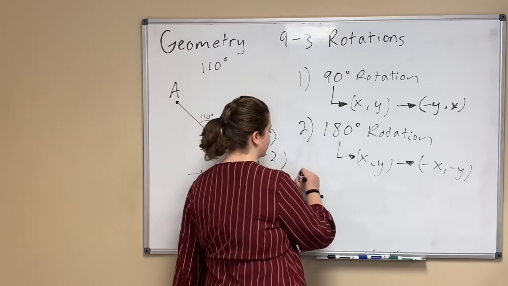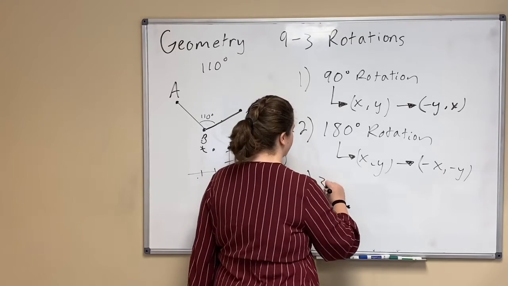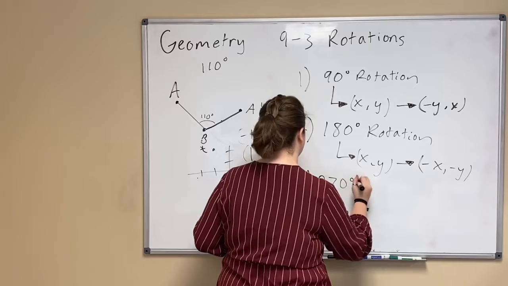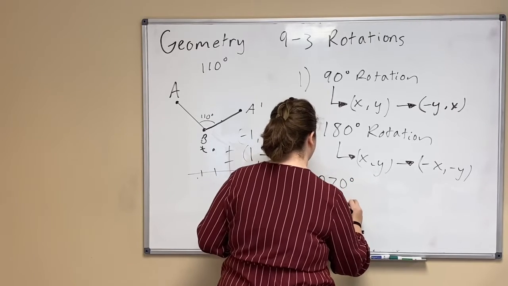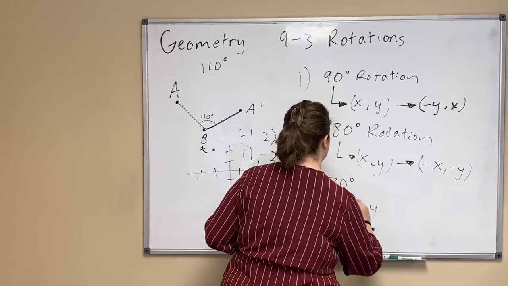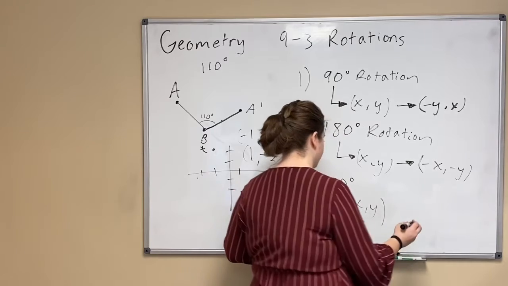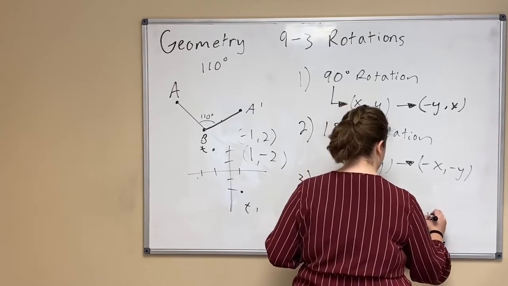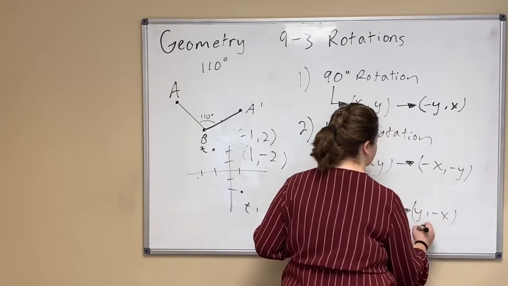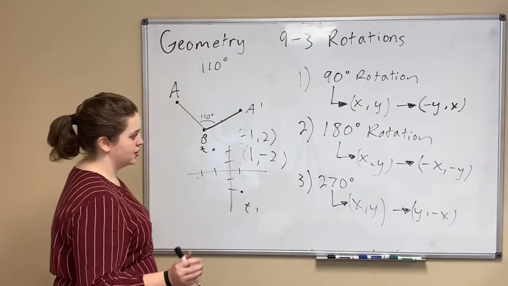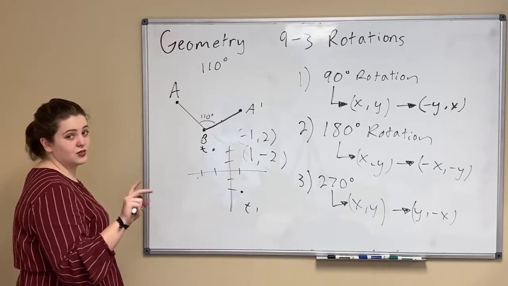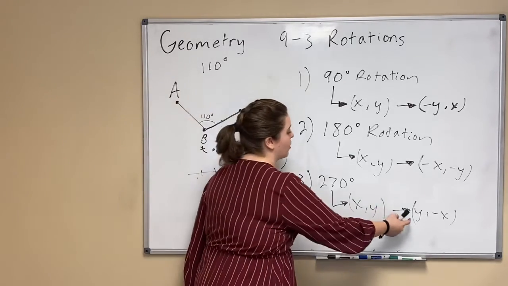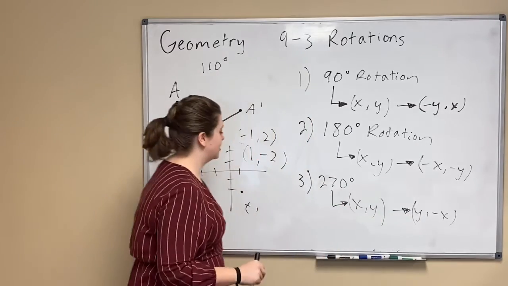If I'm rotating it 270 degrees, then my x and y will become (y, -x). So just like with 90 degrees, I'm switching the x and the y, but this time instead of making the y negative, I made the x negative.